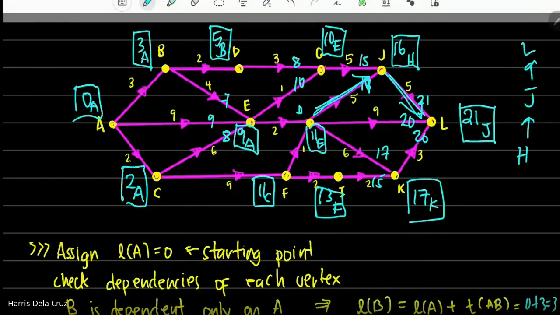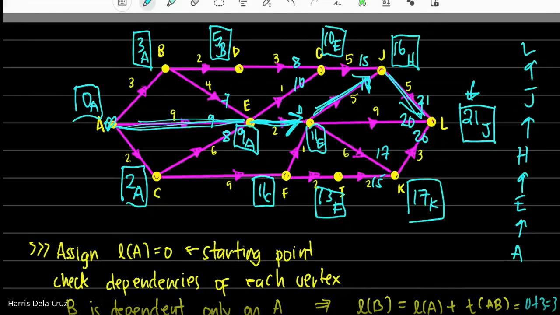So ito daw, 11E. Now, si E ang pinakamahaba from A. So that means that's your longest path. A to E to H to J to L. And it will take you 21 unit of time. So kung bawat day yan, 21 days.